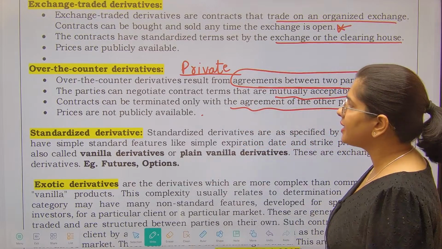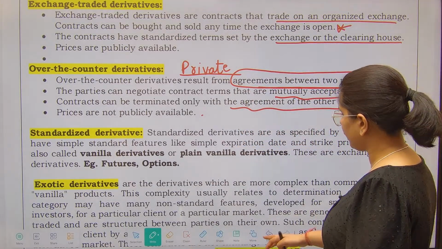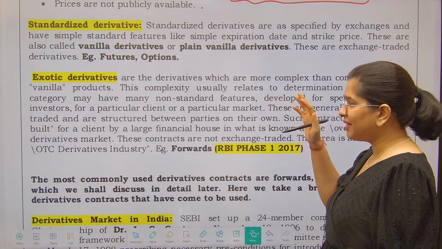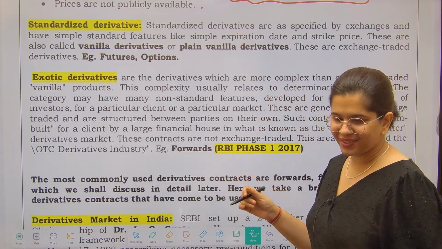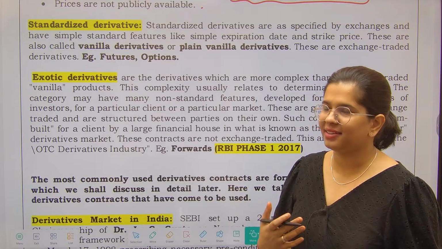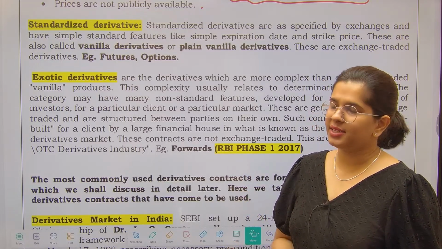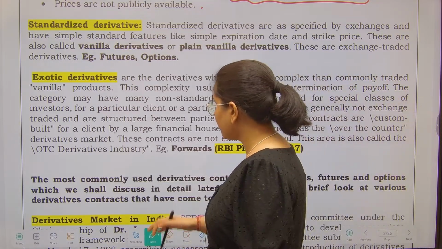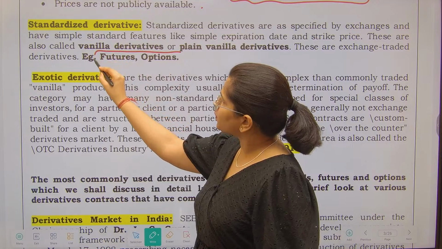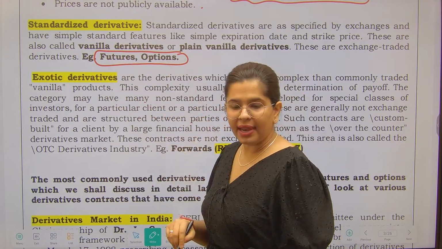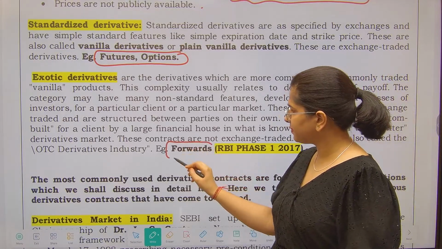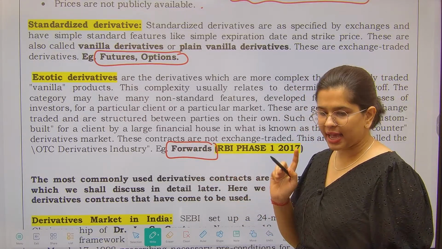Next is the standardized derivatives and exotic derivatives. Now from the name it may seem that these are so typical and like variants, but it is actually not. Standardized derivatives are like your futures and options, and exotic derivatives means forwards. Now why it is, I'll tell you.